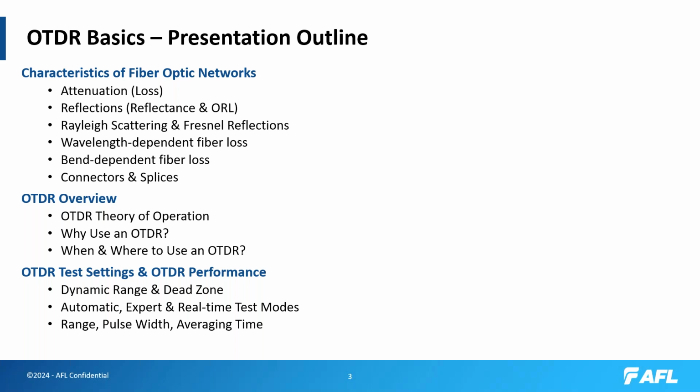Then we continue into OTDR test settings and OTDR performance: what is dynamic range and dead zone, how your settings affect that, automatic, expert, and real-time test modes, and then a little bit about setting range, pulse width, and averaging time.